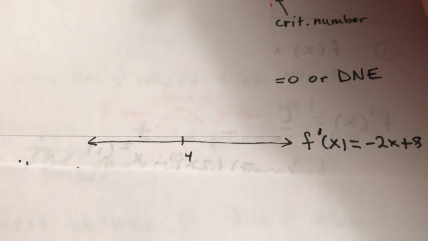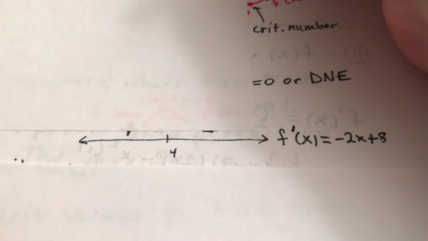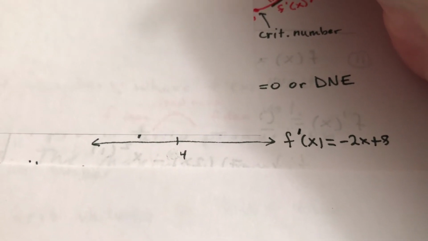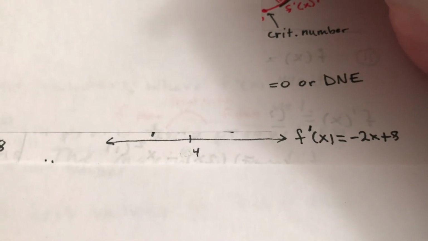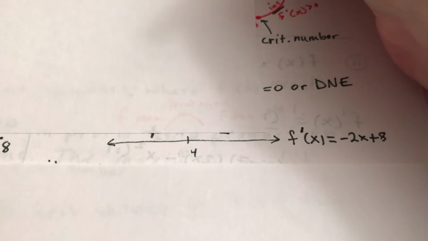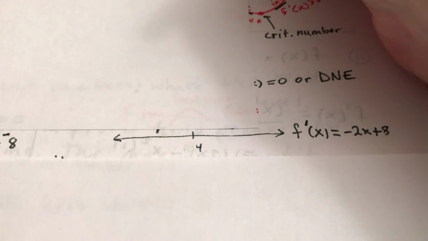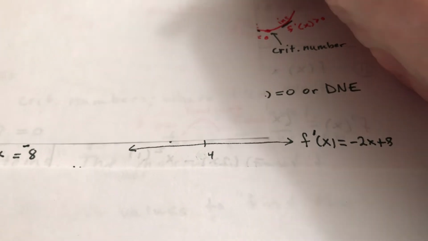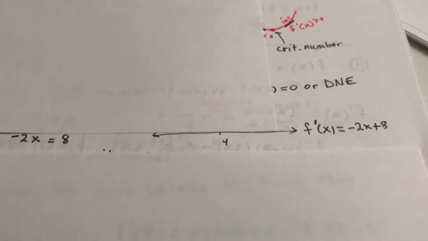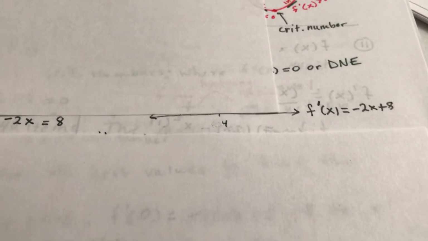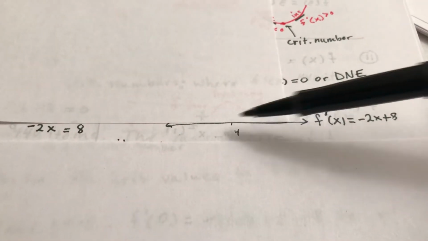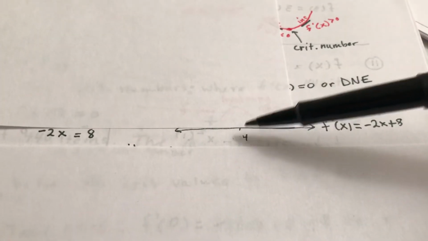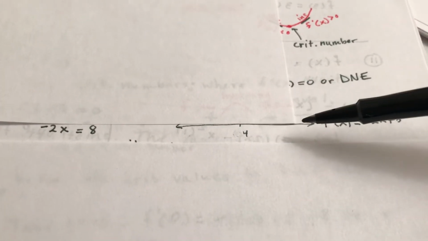It's totally empty. Put f prime of x beside it because we're going to do a second derivative analysis later. And at some point you're going to wonder, are we talking about f prime, or f double prime? So in this case, we're looking at f prime of x. All right, so I even put negative 2x plus 8 beside it. So this is where the derivative is 0. We set that to 0 and we found 4, so we put that critical number on this number line.